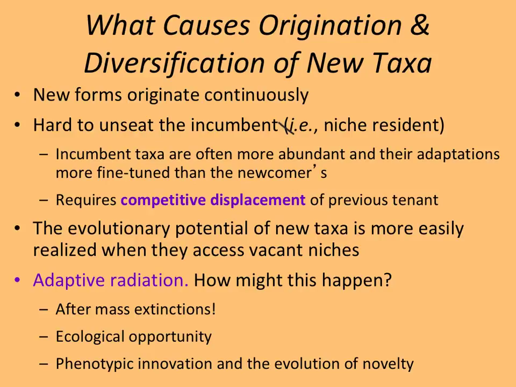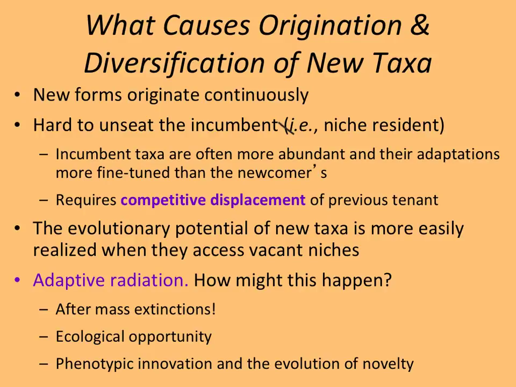So if a new species comes into the area, unless it can carve out its own little niche, it's unlikely that it's going to find a place to live. To do it, it has to be better adapted to something in that environment compared to the organism that it's competing with. And that's called competitive displacement.